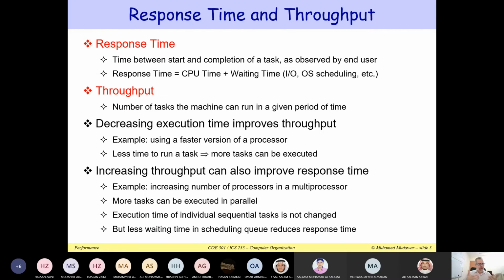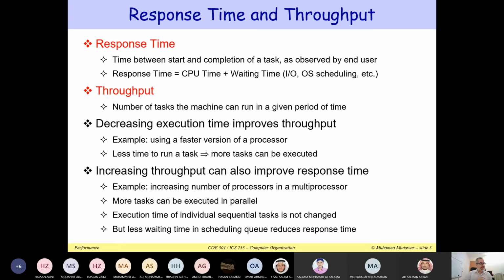And we can also decrease the waiting time. Why? Because there is no queuing here. We are not scheduling all of these tasks to run on the same processor. So they can run in parallel, and by running them in parallel, we can reduce the waiting time. And by reducing the waiting time, we can reduce the response time.